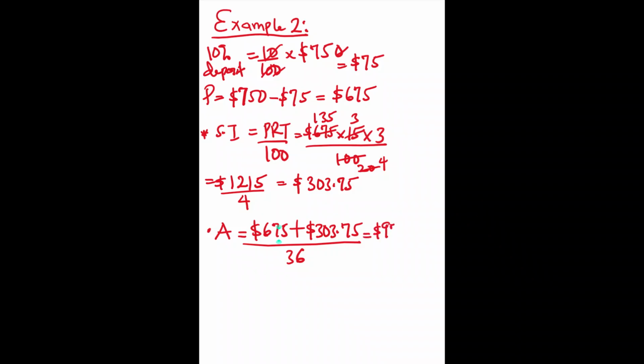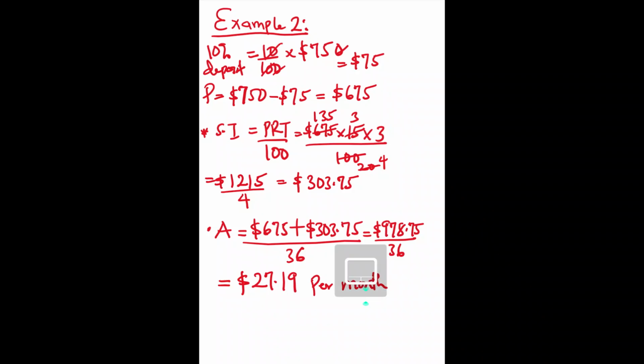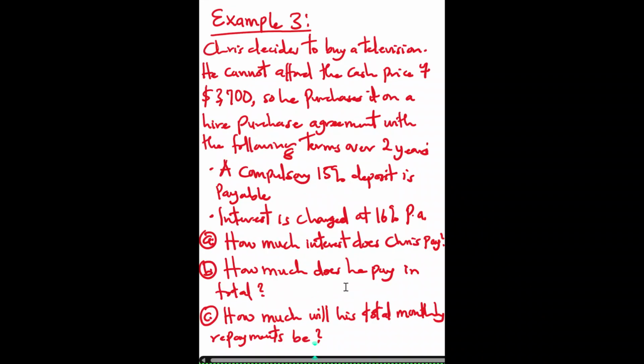That will be 978.75 over 36. So for this one, Benjamin will be paying $27.19 every month. So that's for question 2.